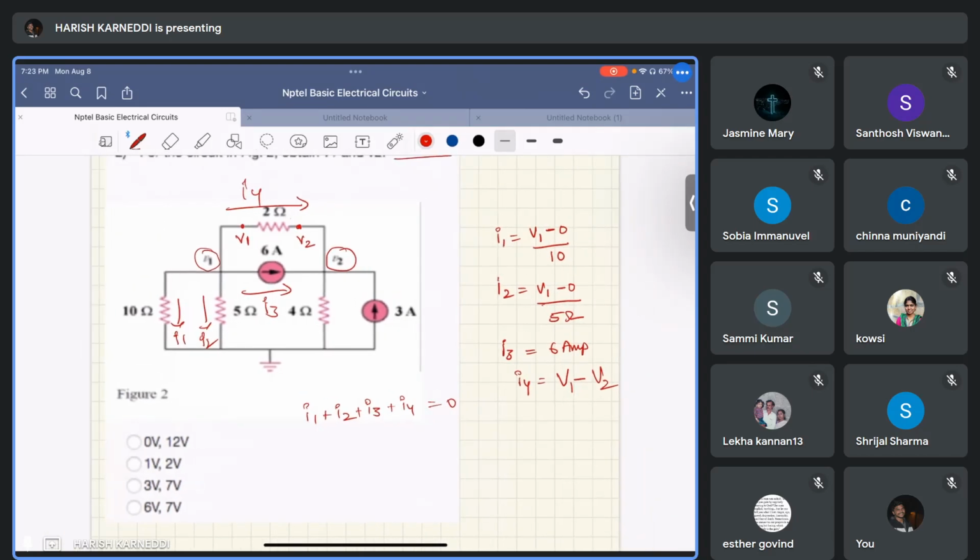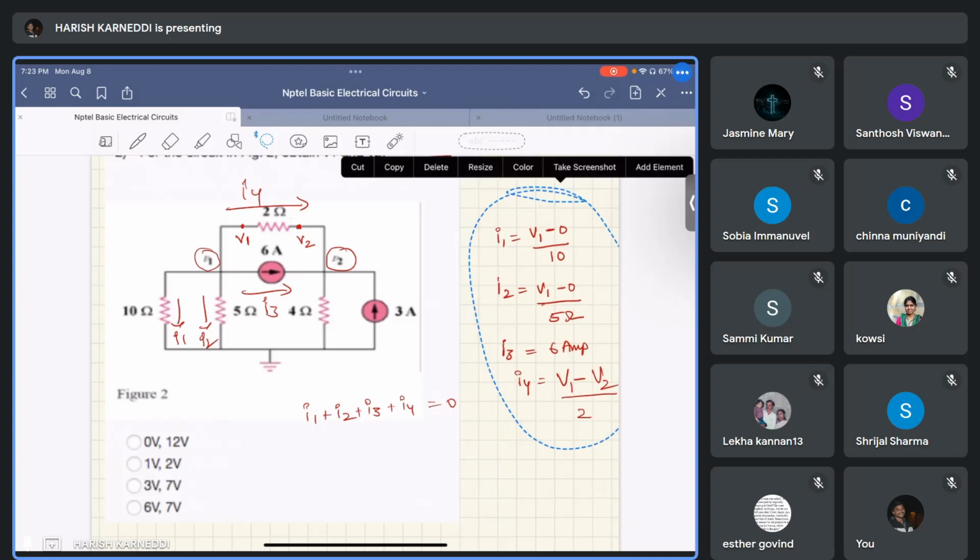So the current is the voltage difference across that particular resistor by the resistance of that resistor, right? This is clear. So one can write with all these four equations.